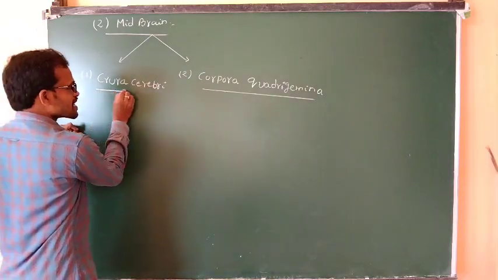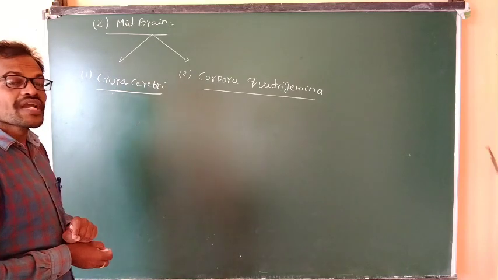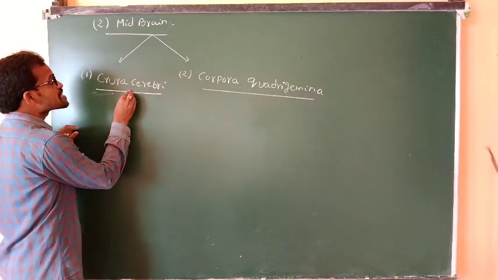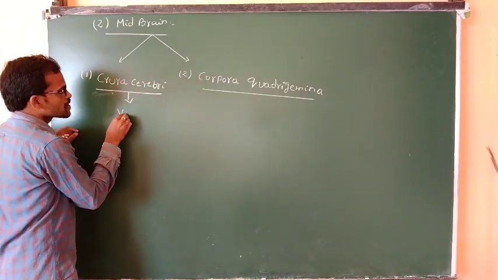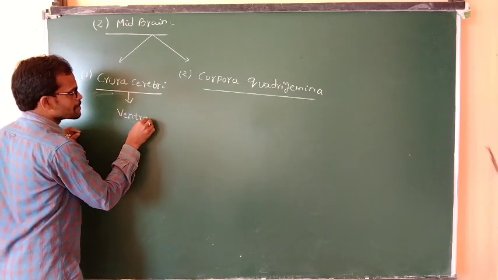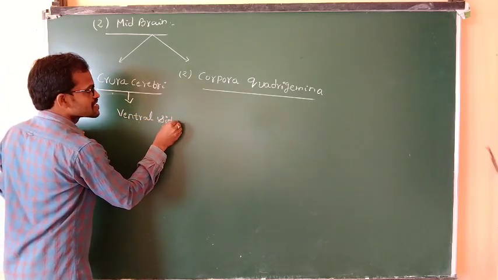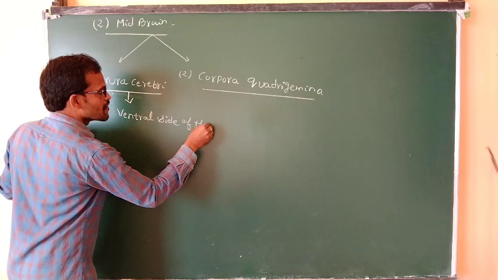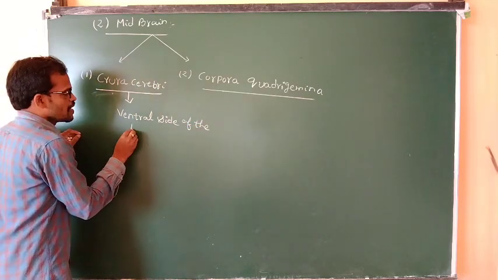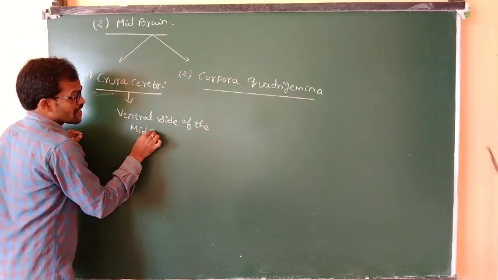The crura cerebri is located on the ventral surface of the midbrain.